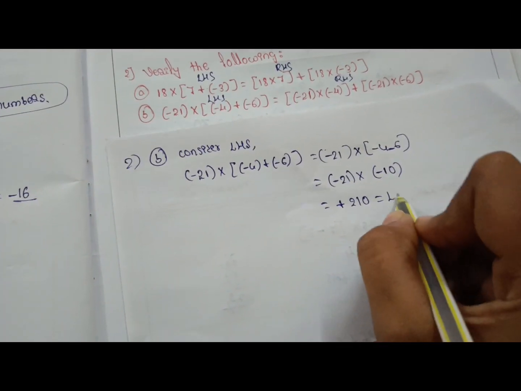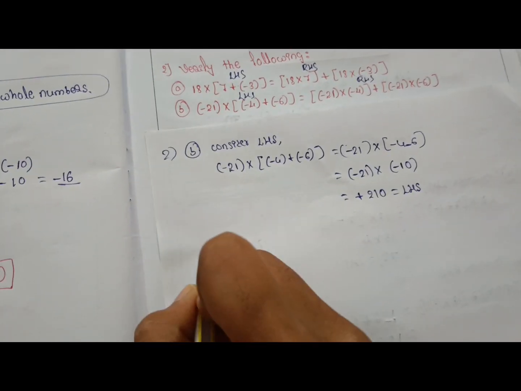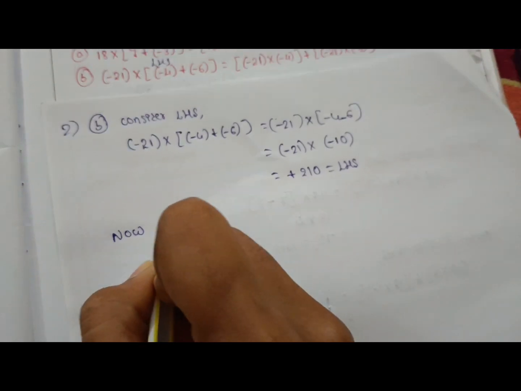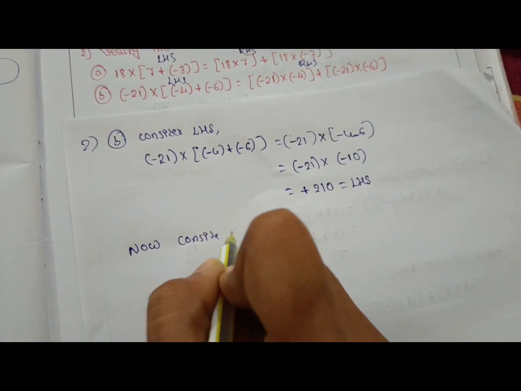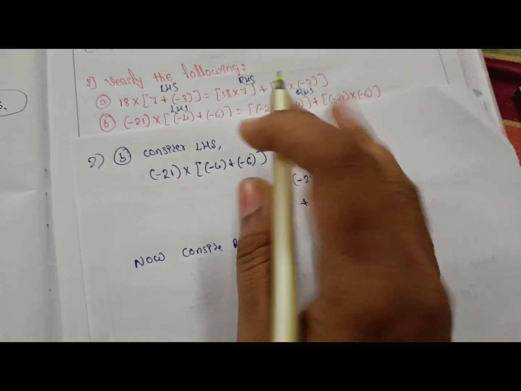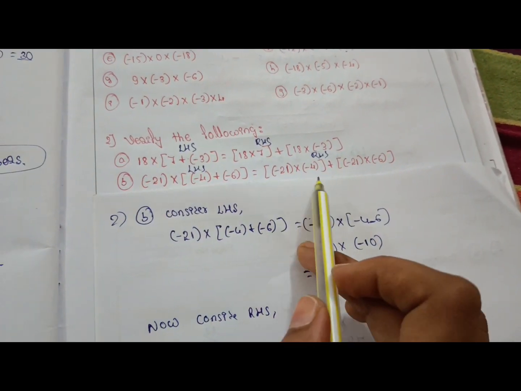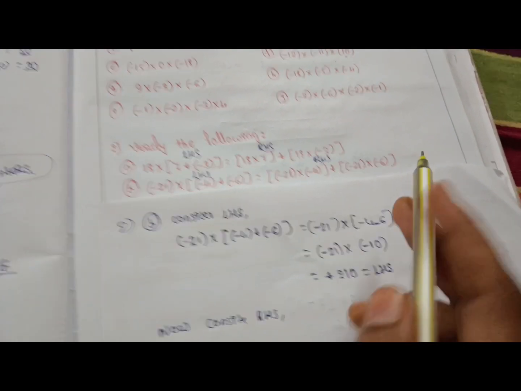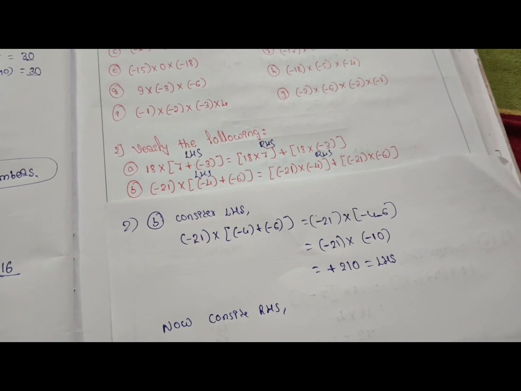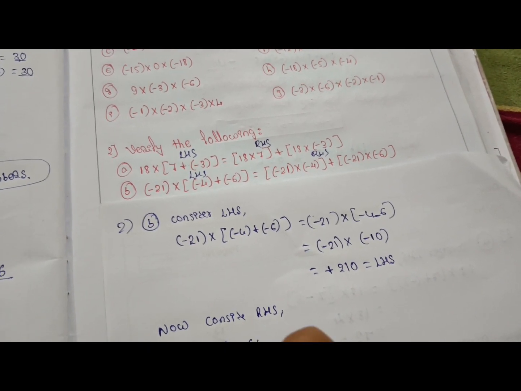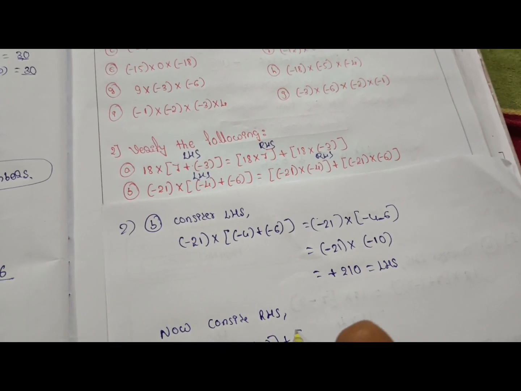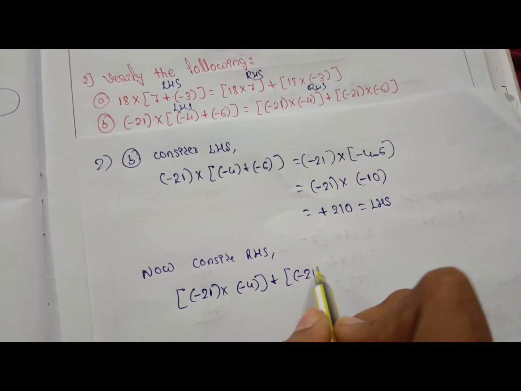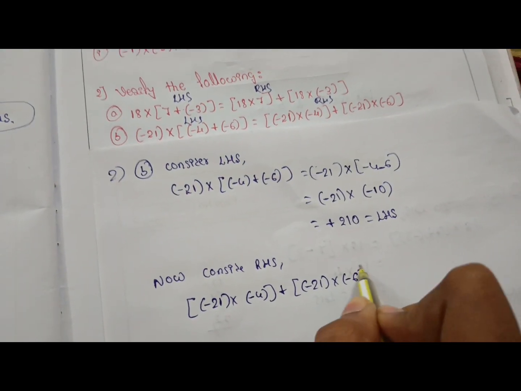This is the LHS. Now consider the RHS. That is (-21) × (-4) + (-21) × (-6).